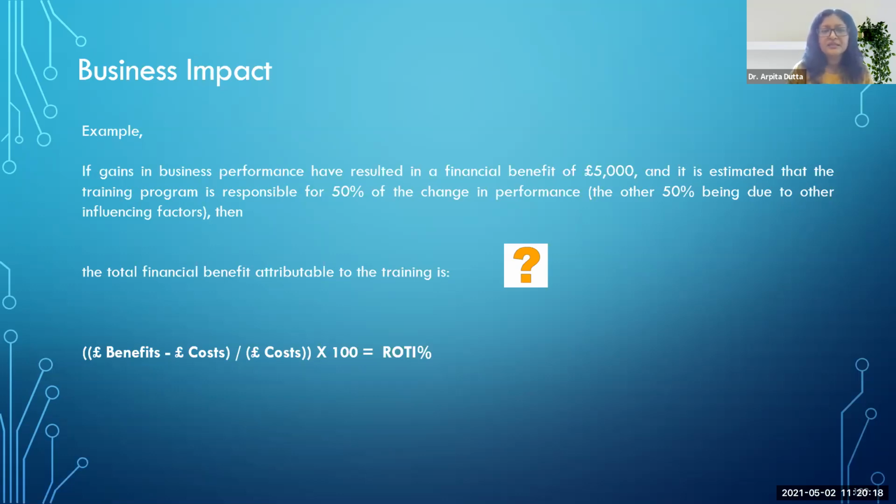Then the total financial benefit attributable to the training is how much? So this is the ROTI percentage: benefits minus cost, divided by cost, into 100. If we go with this formula for this particular scenario, it is 50%. The answer is this.